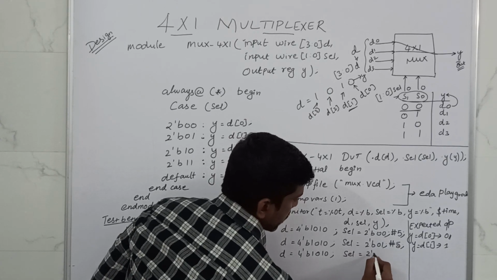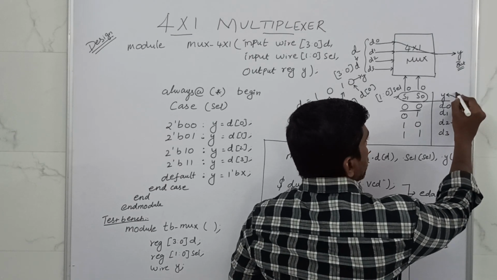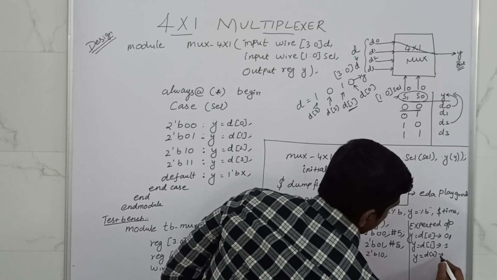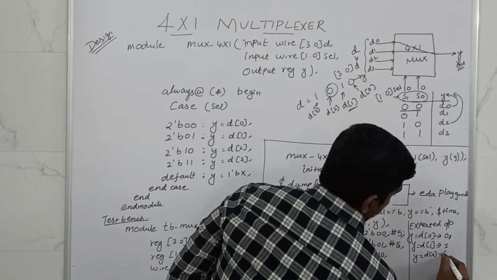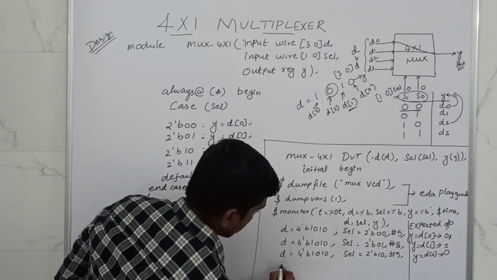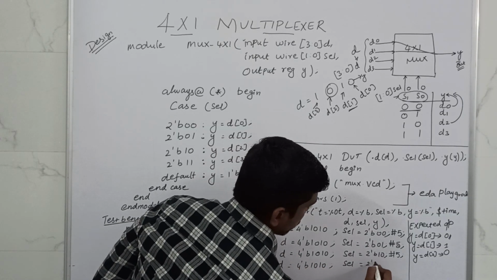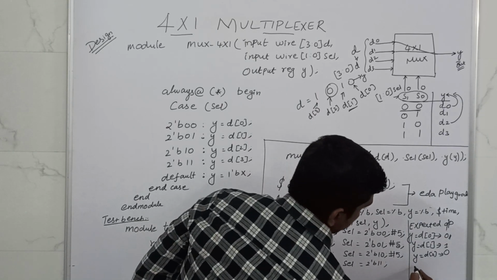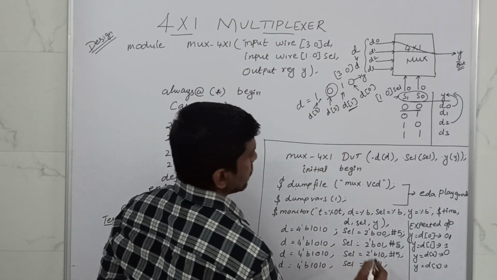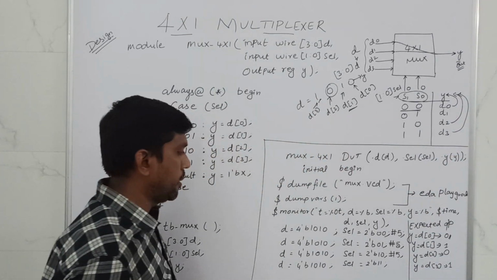Now the selection line value is 2'b10. So 10 means output equals D2. D2 is mapped to output, Y equals D[2]. The D2 value is 0, so 0 is assigned to Y. After 5 time units, D equals 4'b1010, selection line equals 2'b11. Now Y equals D[3]. The last bit D[3] is 1, so this 1 is assigned to Y. So D3 is mapped to Y.